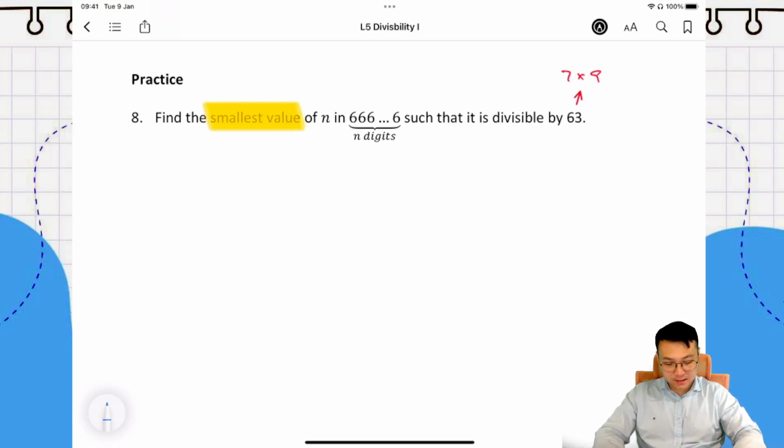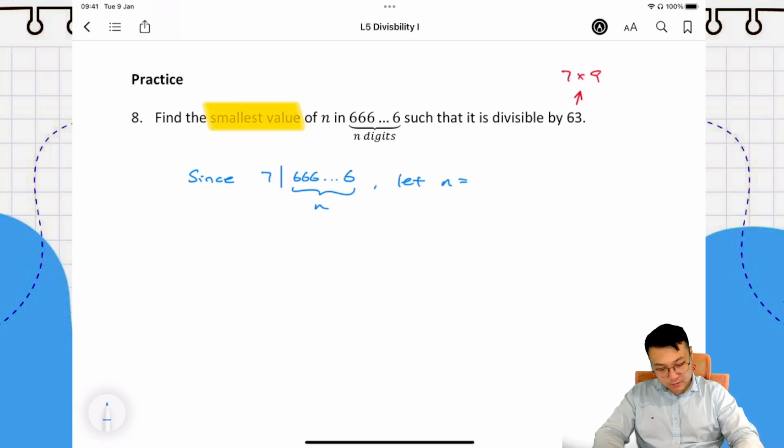So can I just let n equals to 6 first? Since you want it to be divisible by 7, why don't we let n equal to 6 first? Because every block of 6 is divisible by 7. Do you know that?